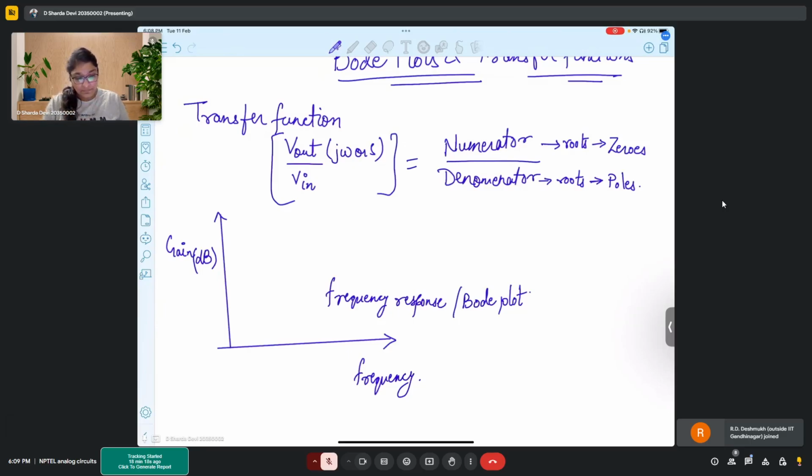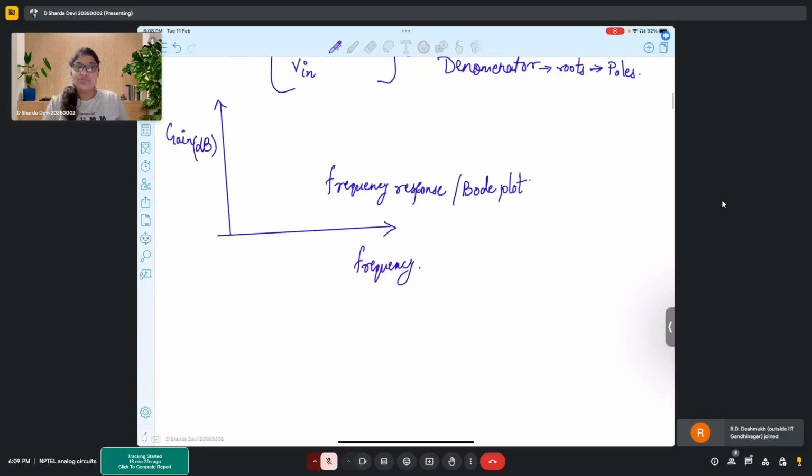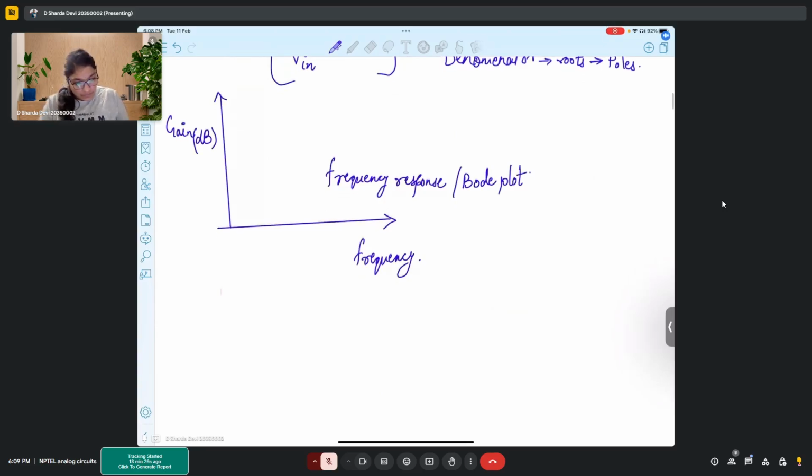Alright. So there are few rules that we follow to plot this Bode plot. Rules for plotting Bode plots.